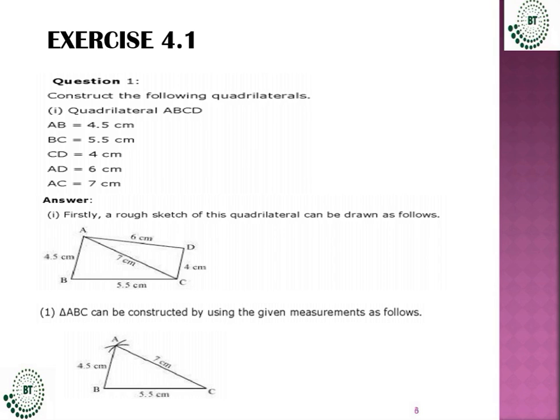Now, open your compass to a width of 4.5 centimeters, put the tip of your compass on point B and cut an arc of 4.5 centimeters. Now put it on C and draw an arc of 7 centimeters. Where both the arcs intersect, that will be your point A. So join A to B and A to C. So you will get your triangle ABC using SSS construction.